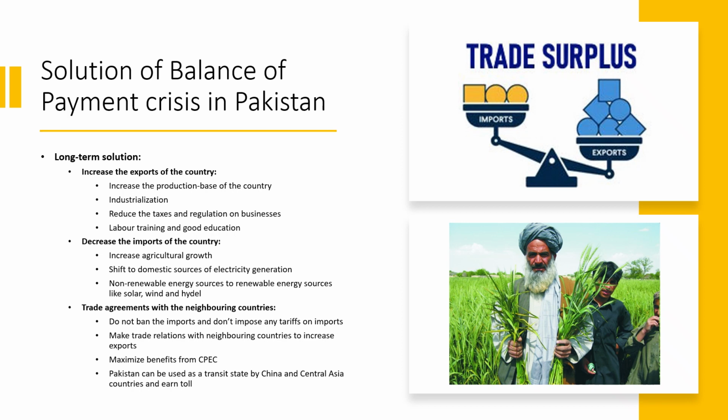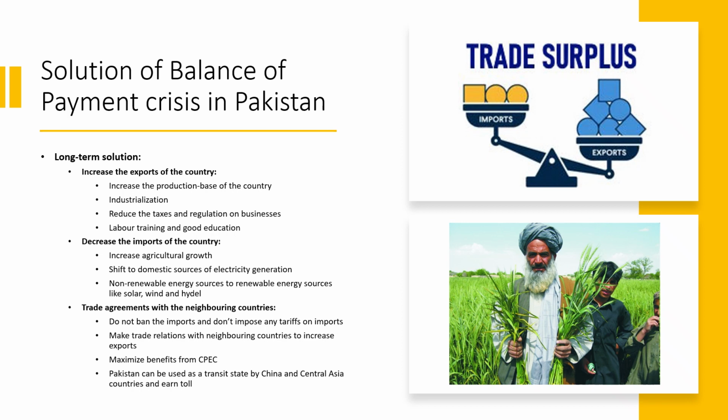First of all, we all know that we are facing a decline in agricultural growth due to many reasons, due to outdated machinery, due to outdated practices of agriculture, crop growing, and due to salinity and waterlogging, loss of the agricultural land. We should do some reforms in agricultural sector, and we should increase the agricultural growth to decrease the imports of the country.